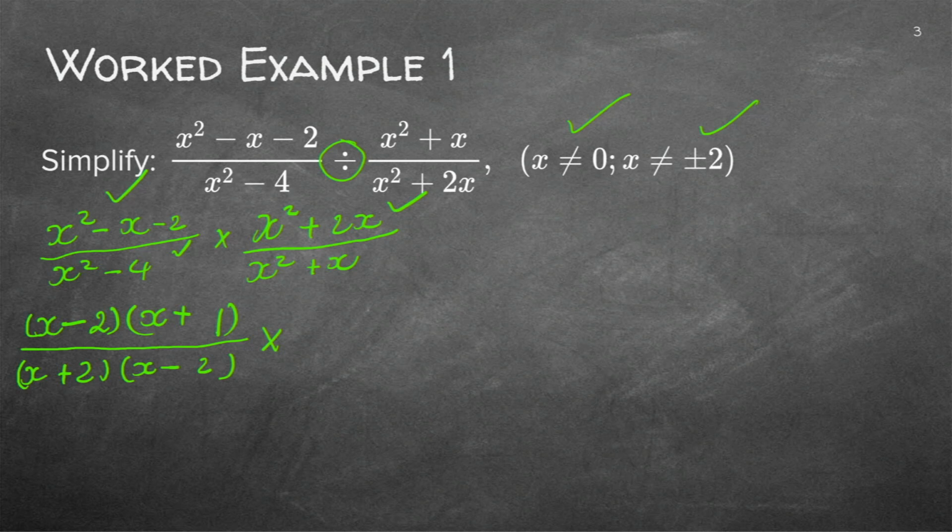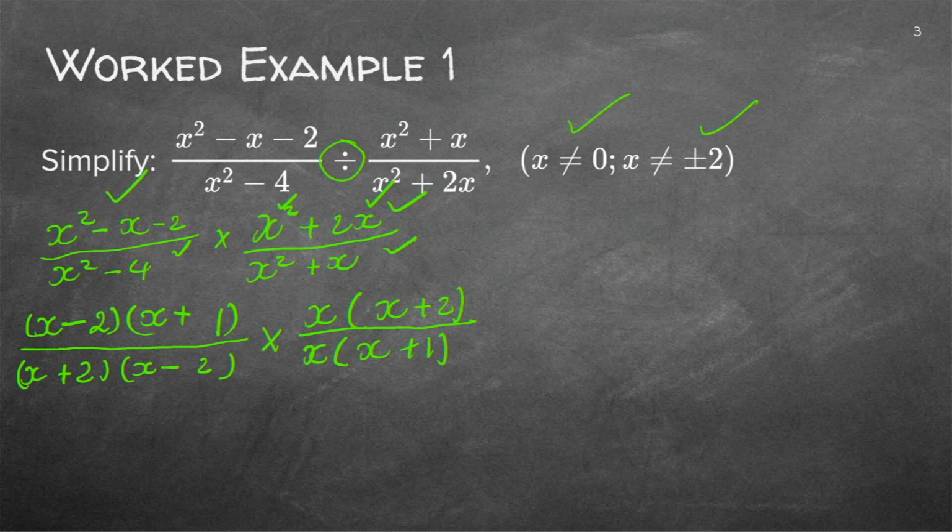What type of factorization can we use there? We use the common factor method. x is a common factor on both sides, so we take x out and you are left with x plus 2. Now the second part also has a common factor, x, and you are left with what? You are left with x plus 1.